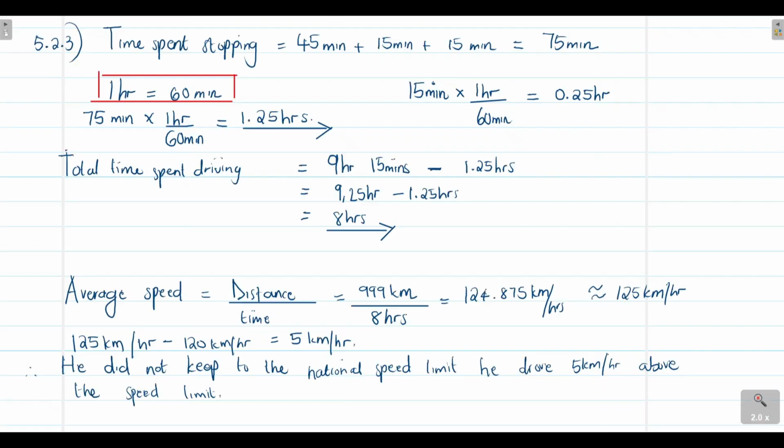How are we going to do this? We already know that 5.9 liters will cover you for 100 kilometers, right? And then we already know that he travels 999 kilometers from Cape Town to Bloemfontein.